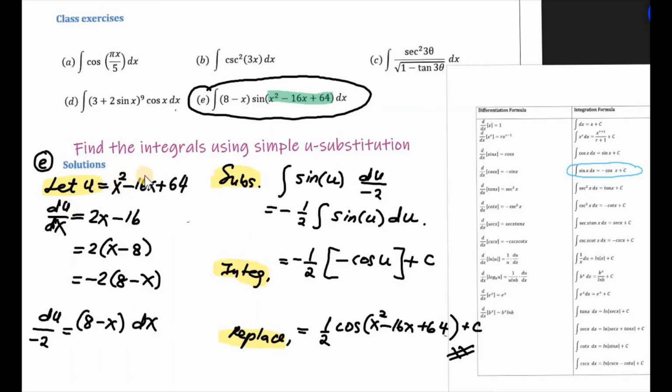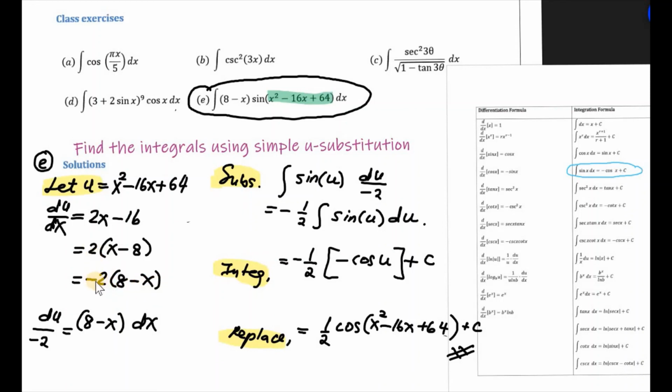So we compare answers. Okay, how was it? It's not that straightforward, right, to replace the du in terms of u. So here we need to adjust, like this one, when differentiating, because we need to replace this 8 minus x dx. So after we differentiate, I introduce a negative, so that we will read it as 8 minus x.